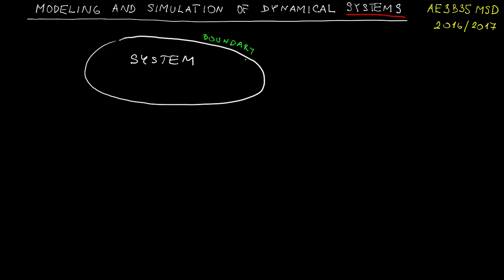Please note that the system boundary need not necessarily coincide with the surface of the actual physical object, such as a combustion engine or an aircraft. For instance, the response of the aircraft is actually given by the interaction between the man-made product, the aircraft, and the surrounding air. More on this later.